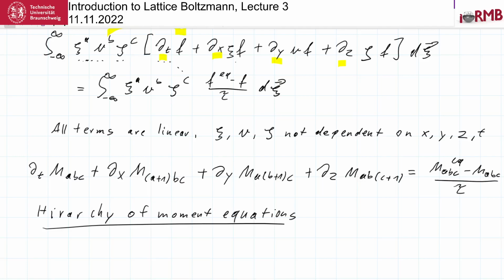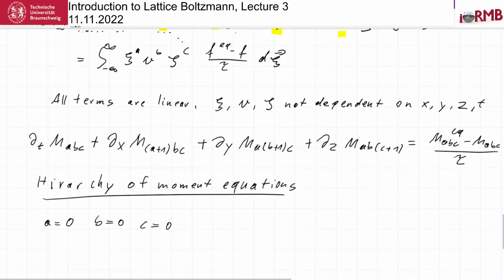So we can look at this, starting of course with specific values for a, b, c. So a, b, c are the counters of this moment, and of course we start at the beginning, where a is equal to 0, b is equal to 0, and c is equal to 0.